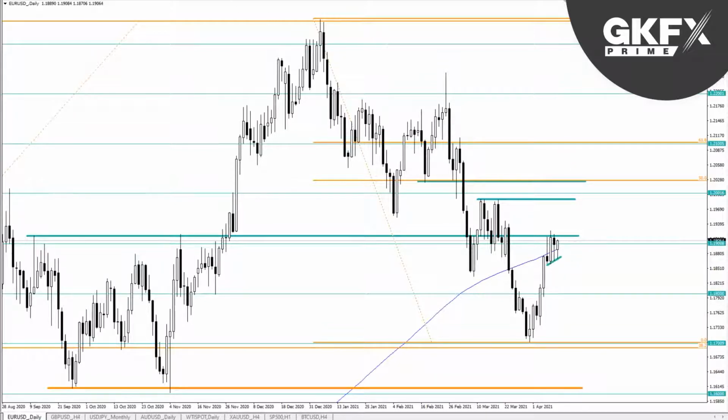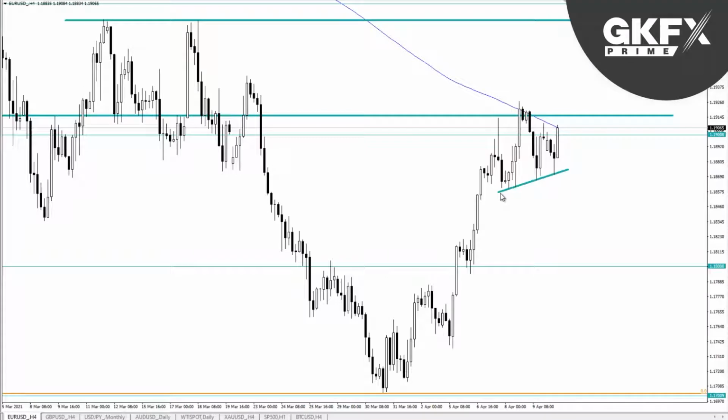If we break lower, I've just drawn a little rising trend line through here. If we break down through that rising trend line, it's a way to manage your risk if you are looking for moves to the topside. You can imagine it would get a little drop down to 118 were we to give this up, and potentially even a test of the lows down at 117 again. But to me, this pattern on the 4-hour chart looks more bullish than bearish.